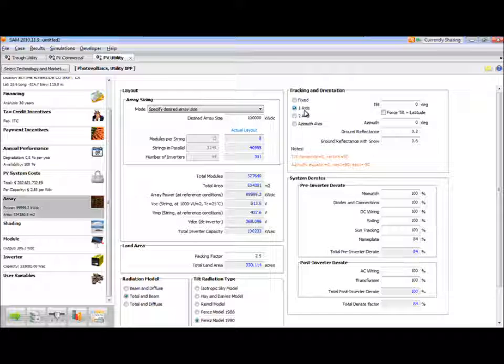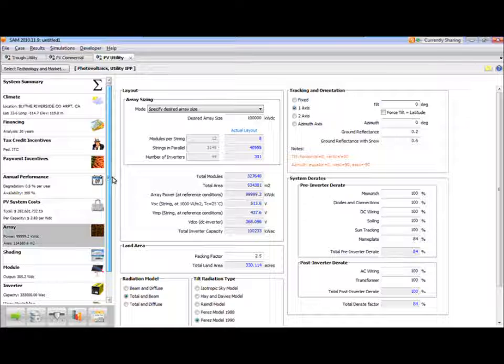So I'll keep it at one axis, but the tilt angle is 0 degrees. And if I leave it at that, that's going to give me an unrealistic output, because for a project this size, I'm more likely to tilt the array at a more optimal angle. So I'll just put 30 degrees here for now.